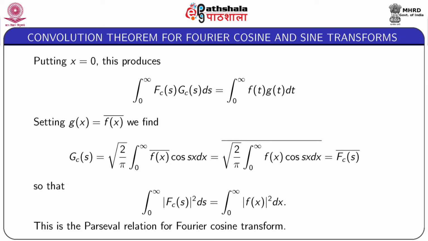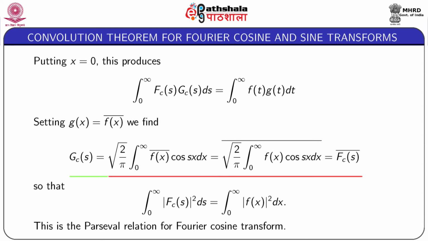Now, in this result we put x equal to 0, so that the left hand side becomes integral from 0 to infinity FCS into GCS ds, and the right hand side becomes integral 0 to infinity f(t) g(t) dt. Now, we set small g(x) equal to f bar(x) to find capital GCS, which is the Fourier cosine transform of small g(x).